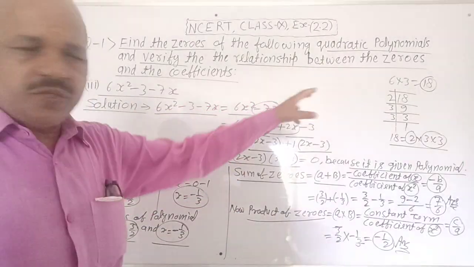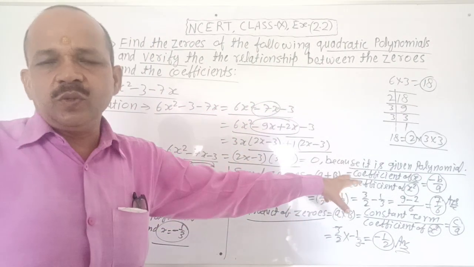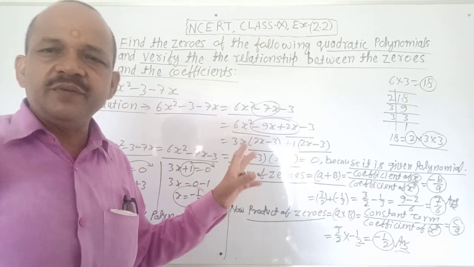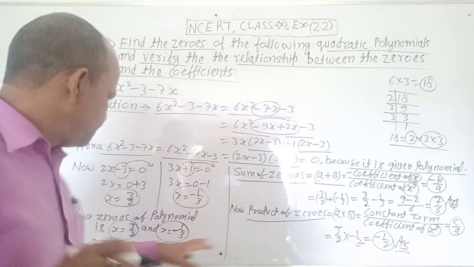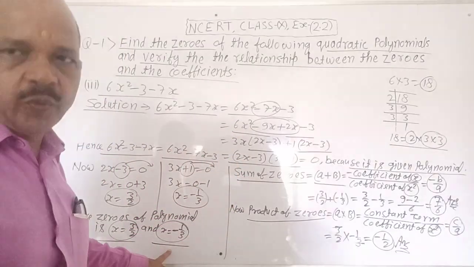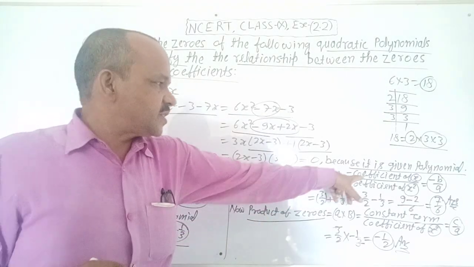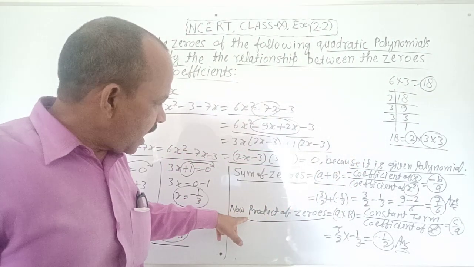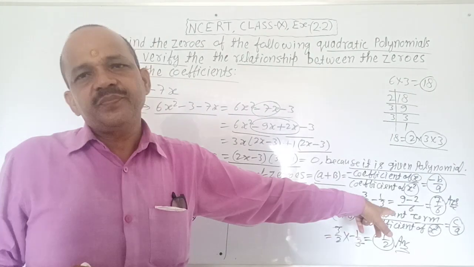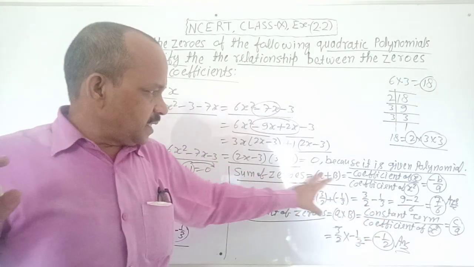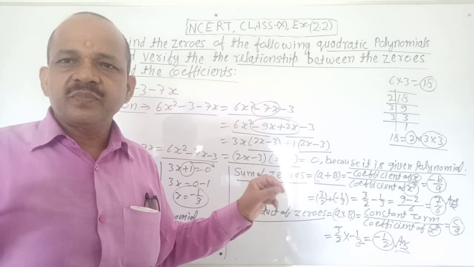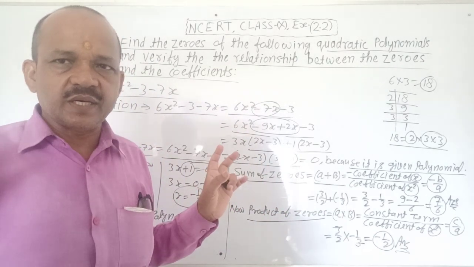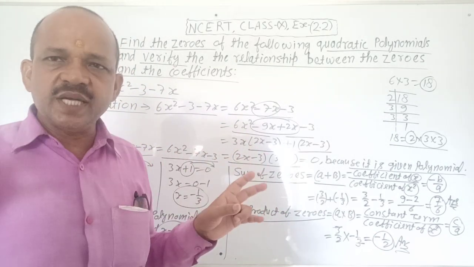Sum of zeros and product of zeros are clear. No confusion about it. Very good. It is zeros of polynomial and it is sum of zeros and it is product of zeros. It is relationship between zeros and coefficients. Clear? No confusion about it.